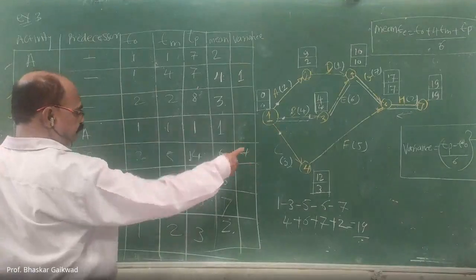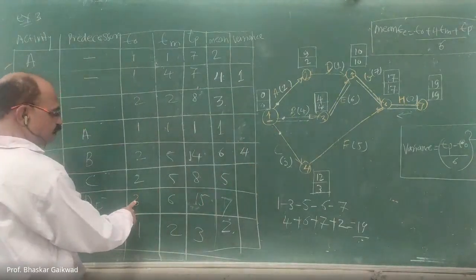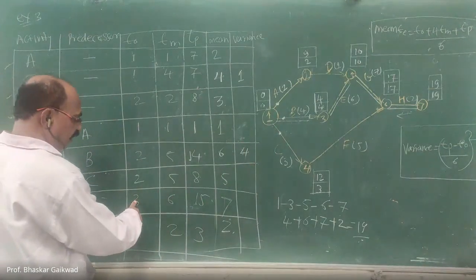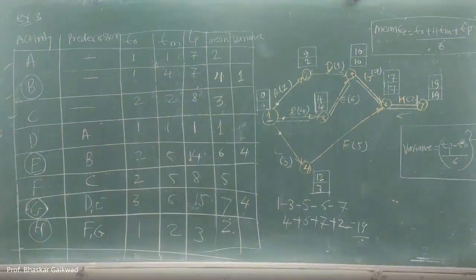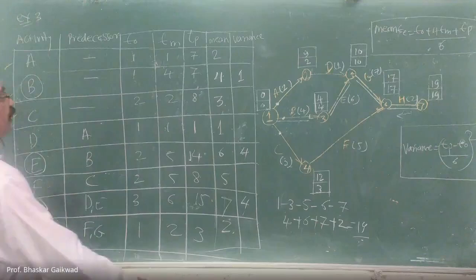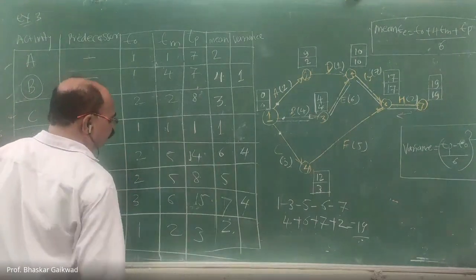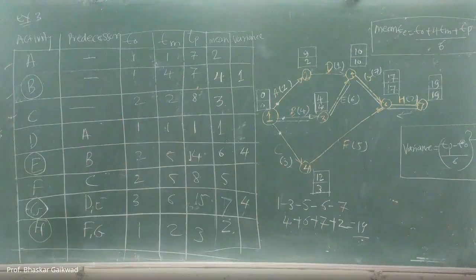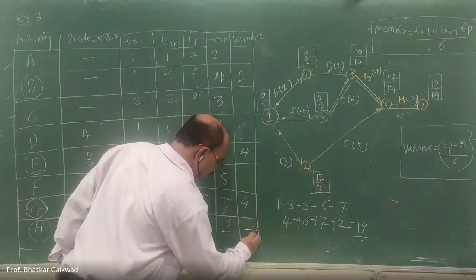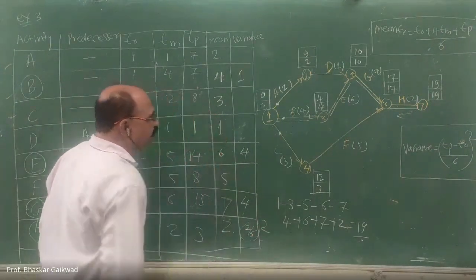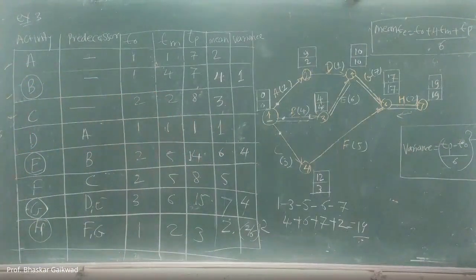TP means 15. 15 minus 3 is 12. 12 divided by 6, 2 bracket square, 4. H: here 3 minus 2, 2. 2 divided by 6 bracket square. So this is the variance for the critical activities.